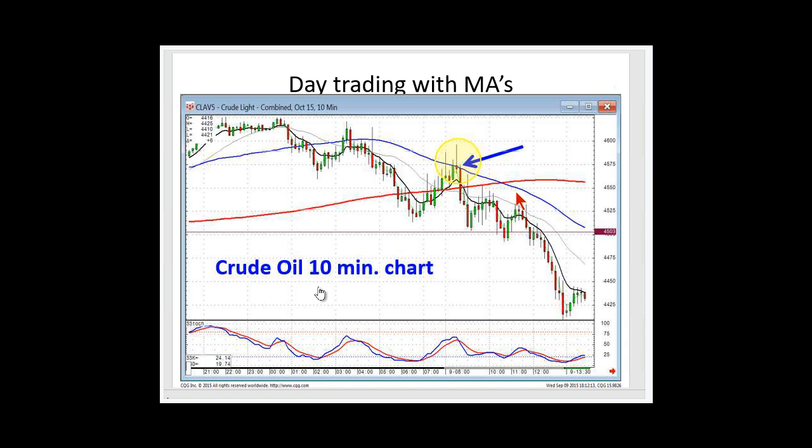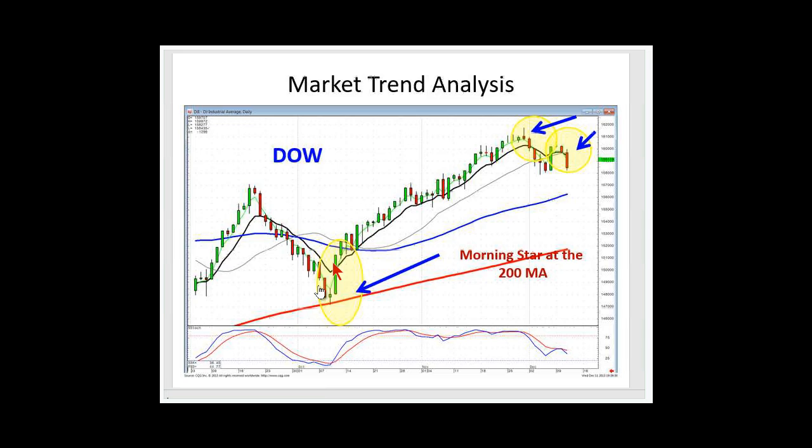Would you wait until it got above the 50 on this chart on the Dow? Oh, no, remember, we're not buying the 50. We're buying the signal. Everything else is just something that we watch.